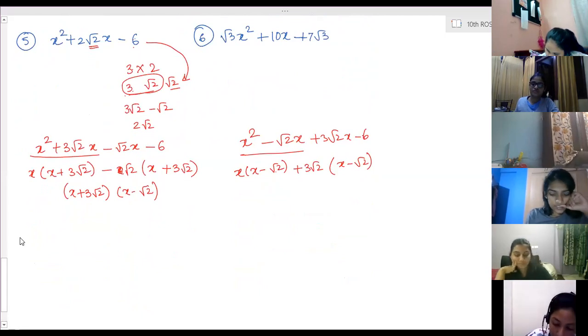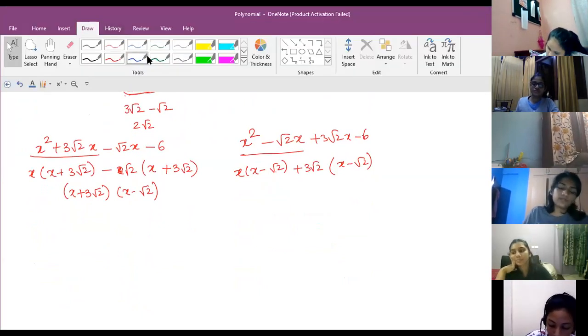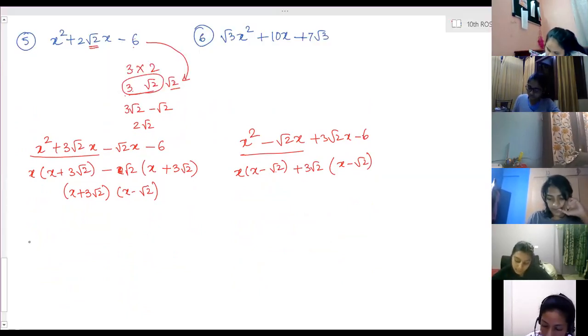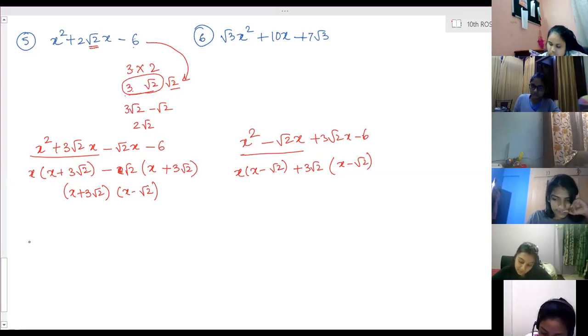Ma'am, what's the answer for the 6th one? What you got? I got x is equal to minus root 3 and x is equal to minus 7 by root 3. Yes, right.